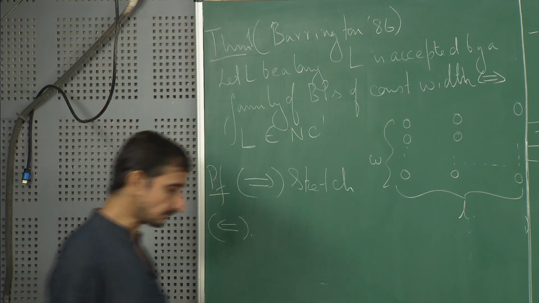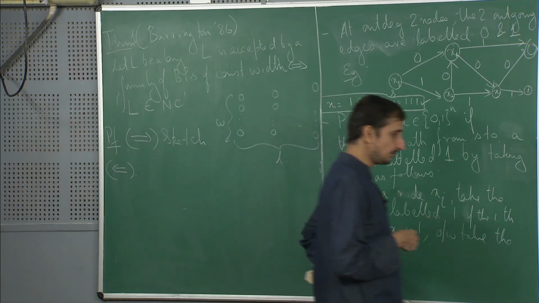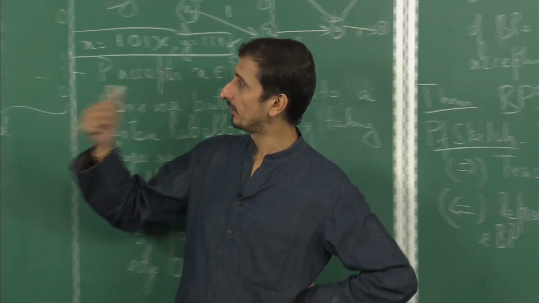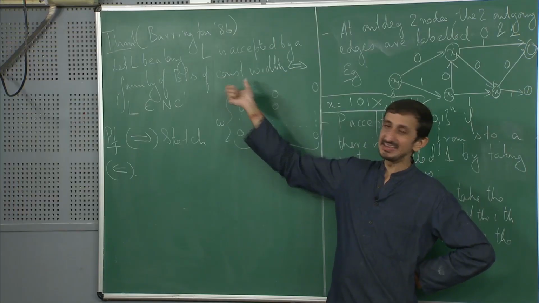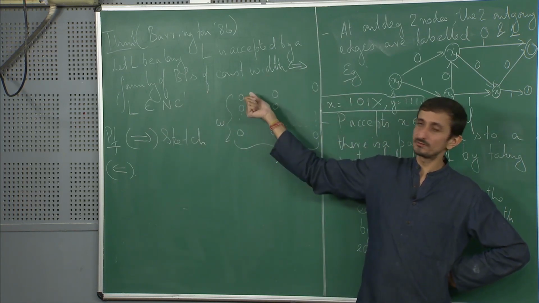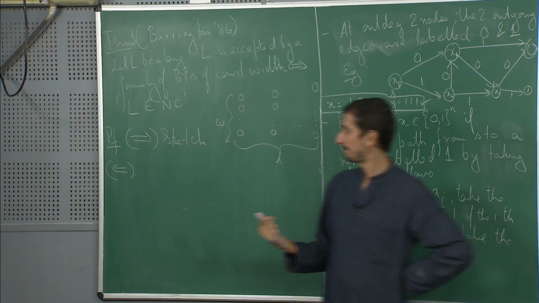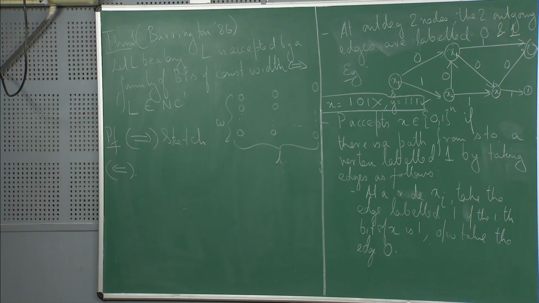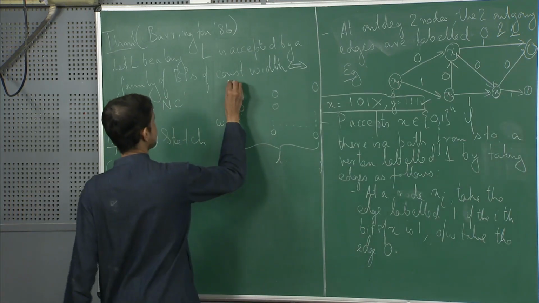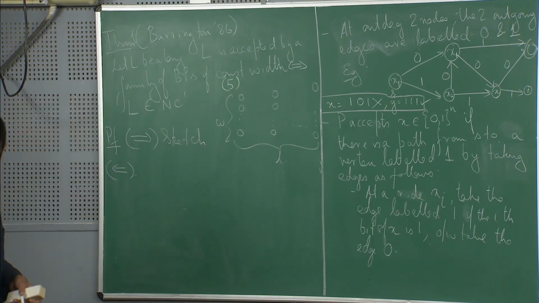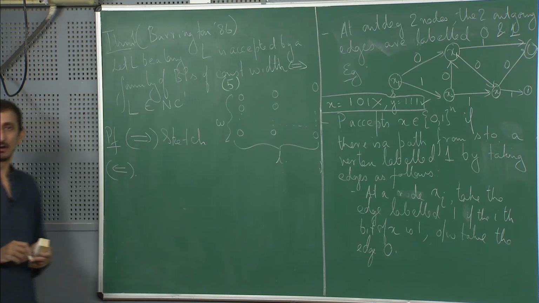For the reverse direction, what we would do is show something that is even stronger, in the sense that not just any constant, but if L is in NC1, then it can be recognized by families of branching programs of width 5. Okay. So this constant is something quite small, as small as 5 in our case.